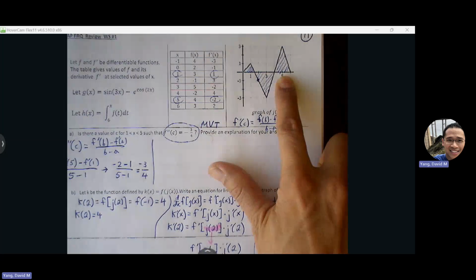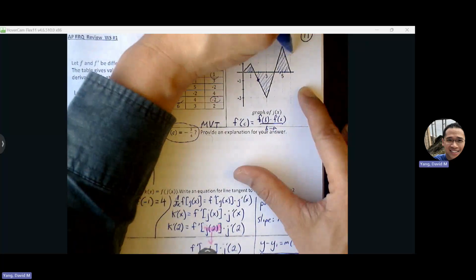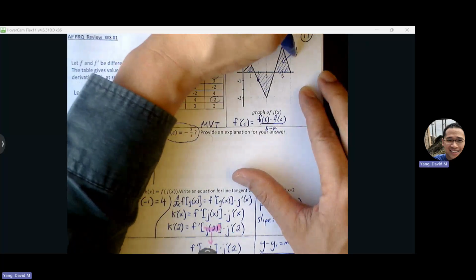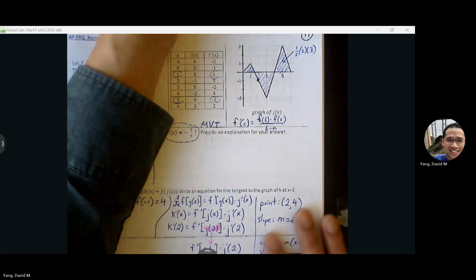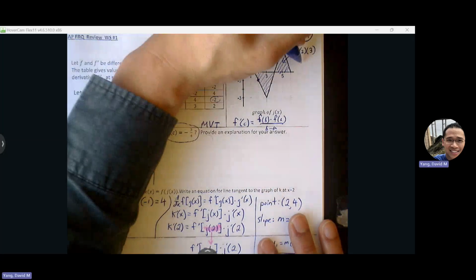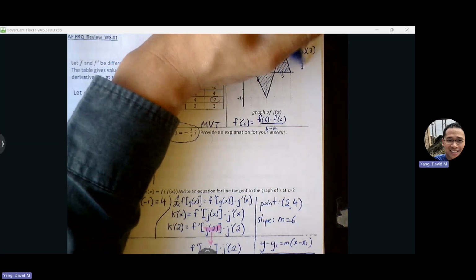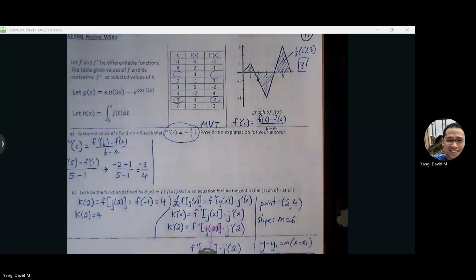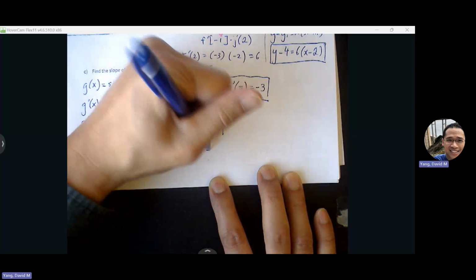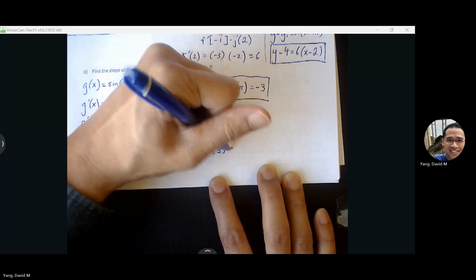So we're just looking at between 4 and 6. So 4 and 6 is just this triangle here. 1/2 base times height. That's going to be a value of 3. So we can just make it a 3, but then there's a negative in front, so negative 3.